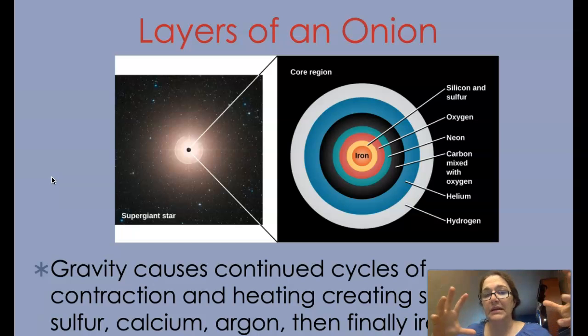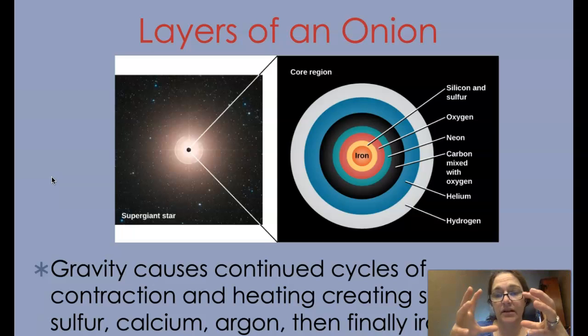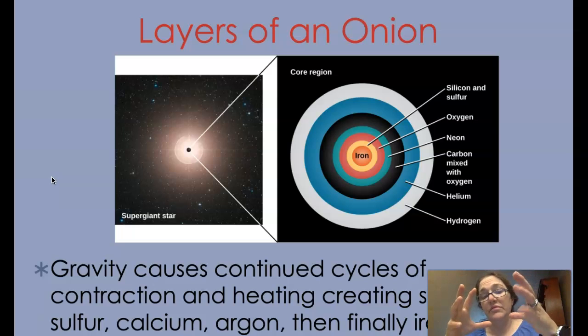So this repeats over and over and over. You get silicon in the core, and then it heats up enough that the silicon fuses into sulfur, and it heats up enough that the sulfur fuses into calcium. So it goes on and on and on until you get to iron.